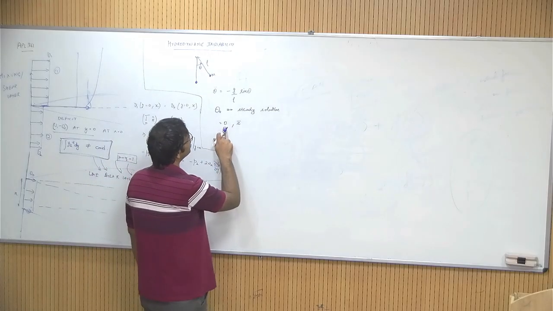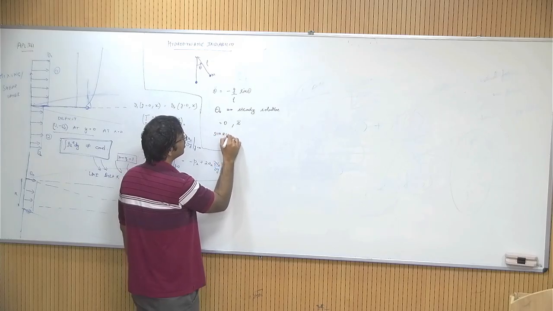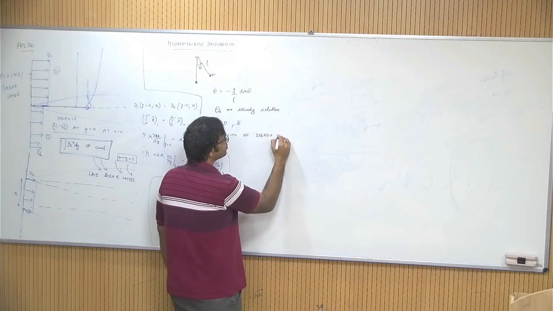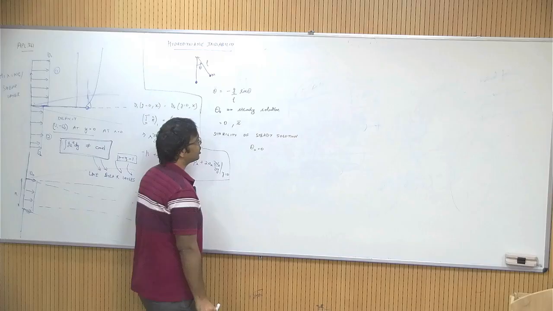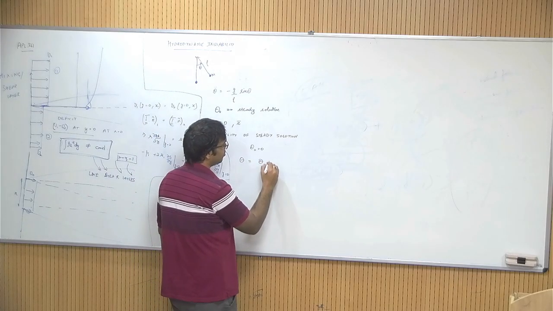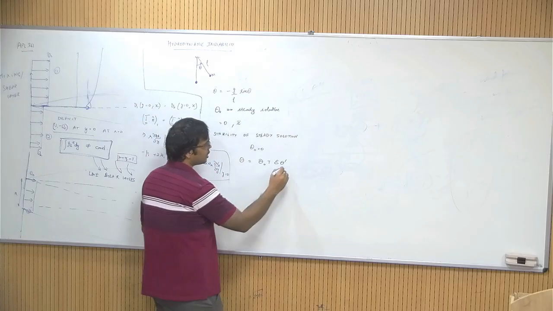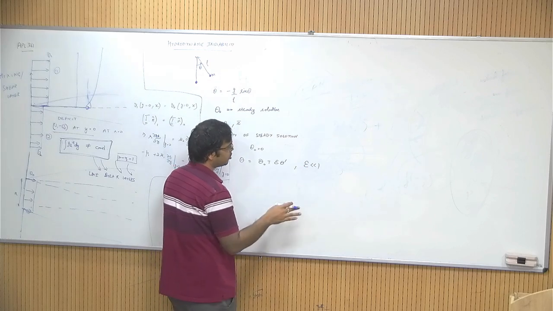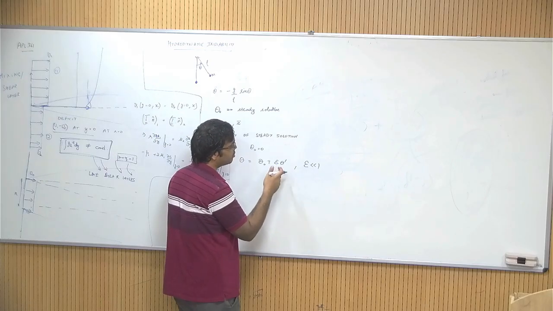Any dynamical system that you have, you can do this dynamical stability analysis that we are going to look at. So let's say you have theta naught equal to 0 and you want to look at stability of the steady solution, that is theta naught equals 0. So what you say is, okay, let us consider that my theta is some theta naught plus an epsilon theta prime, where epsilon is much less than 1. You don't have to recognize this epsilon in terms of the variables of the problem.